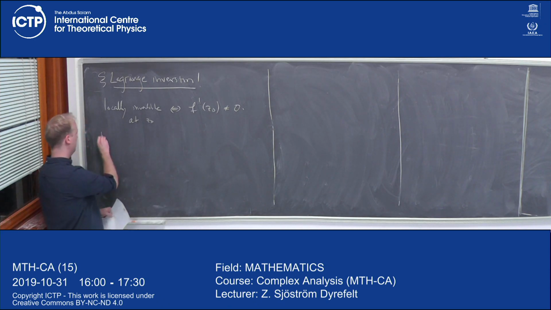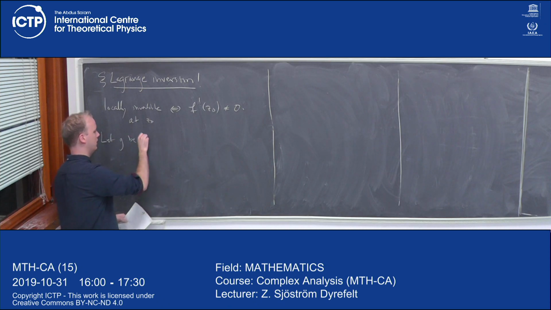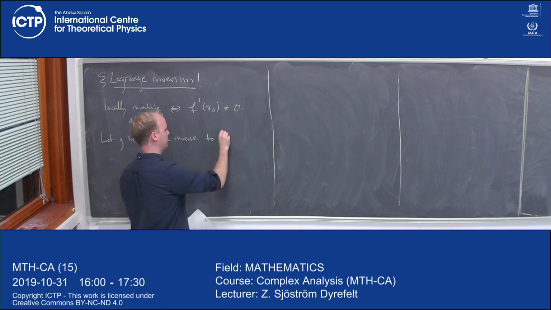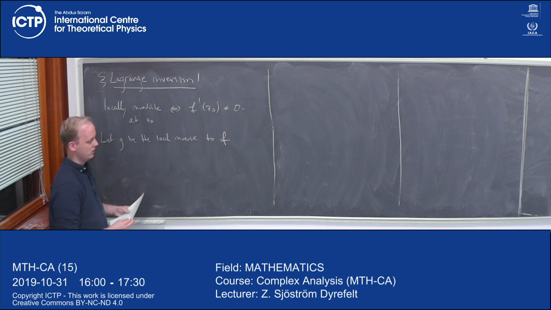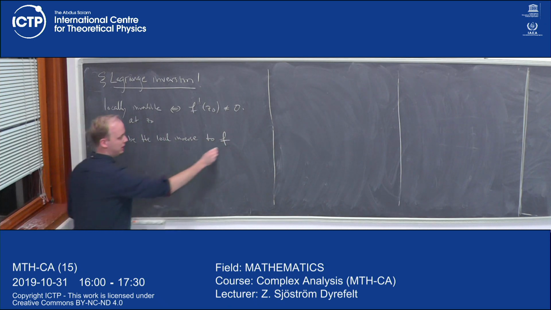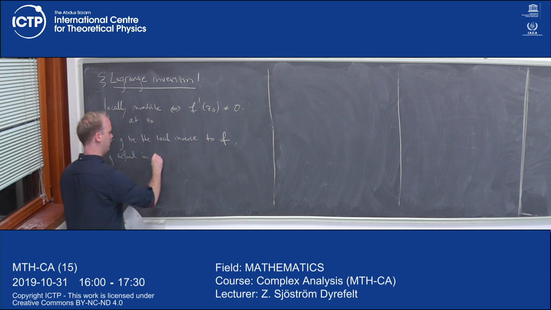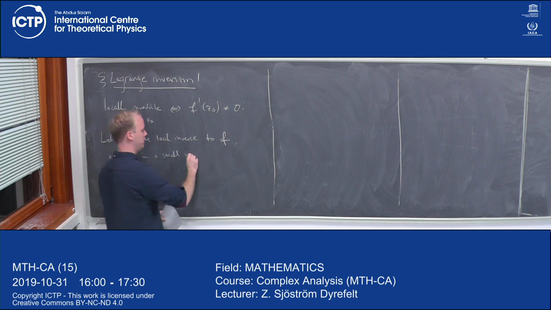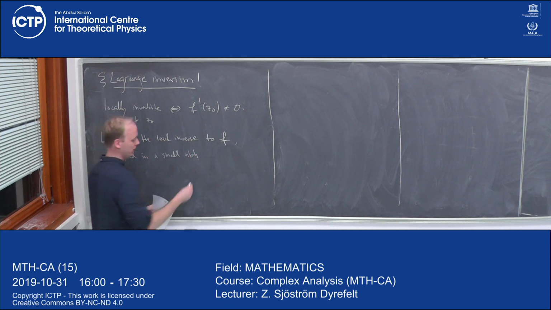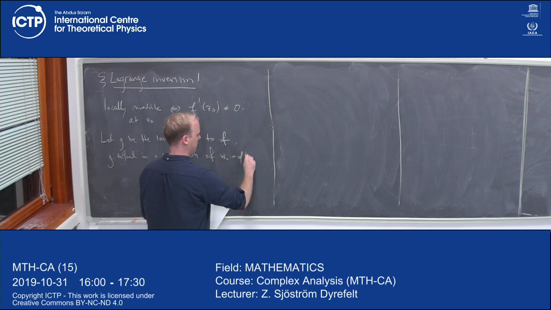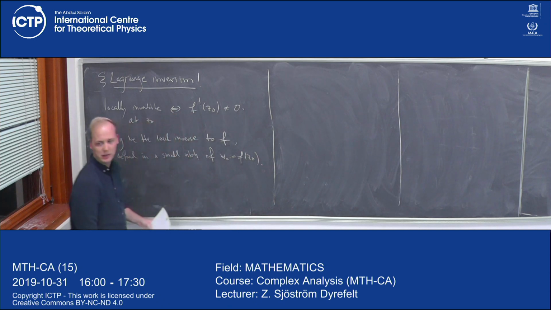Okay, and now let G be a local inverse to f, where G is defined in a small neighborhood of w0, which is f of z0.